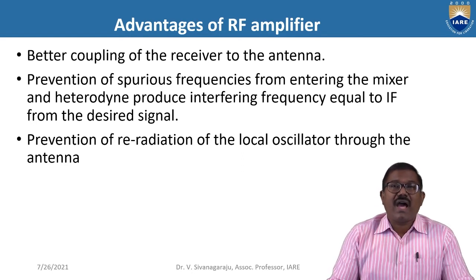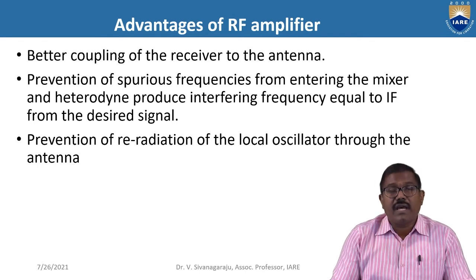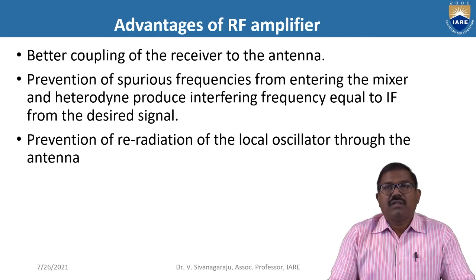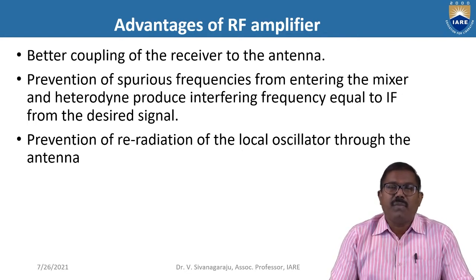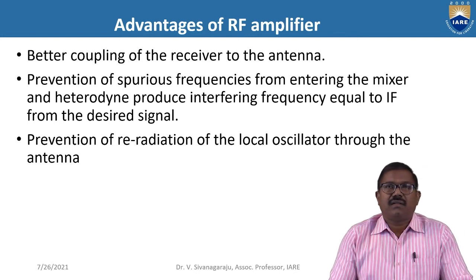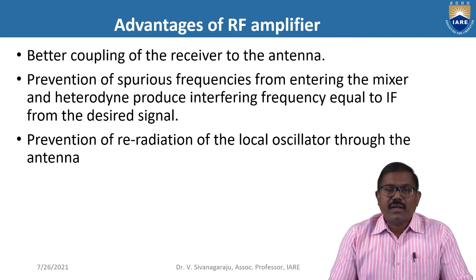That's why the RF section has input tuned circuits. By using the input tuned circuit, the receiver couples with that antenna, and then we get better coupling and good receiving. Okay.